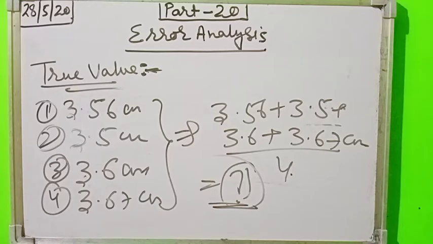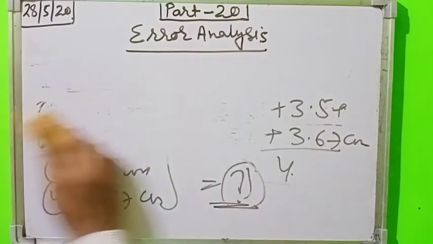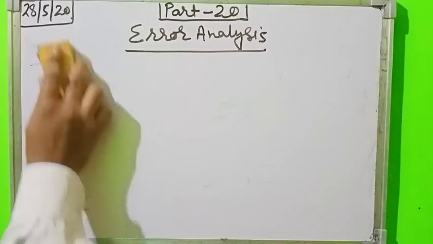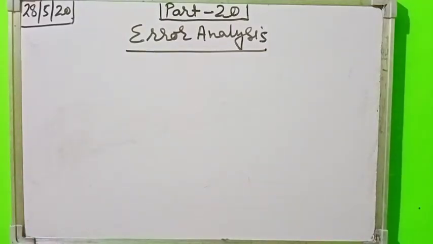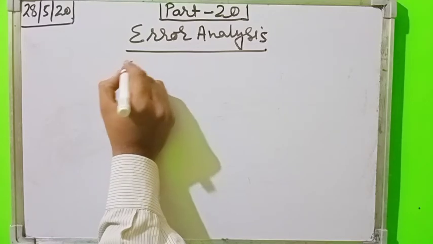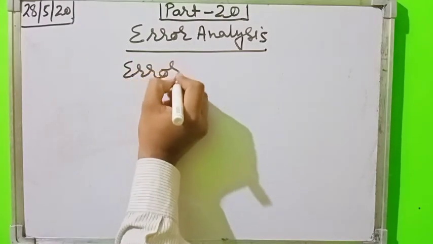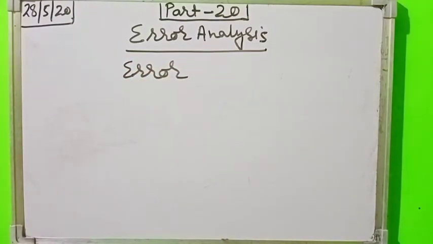Now there are two types of errors that generally occur. Error is further classified into two categories. All of you have understood about the true value and the measured value. Now, error can be classified in two categories.